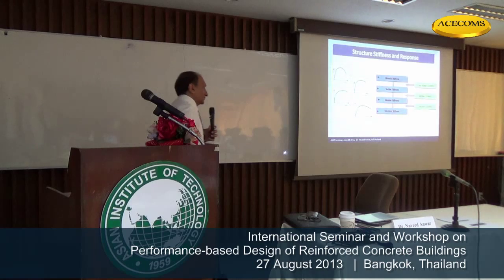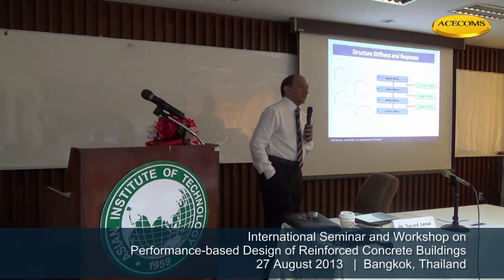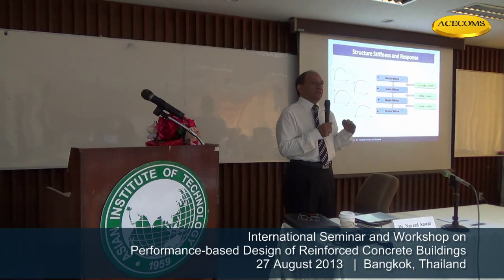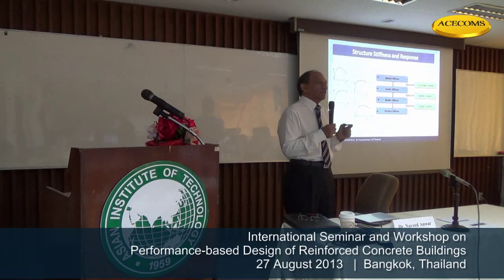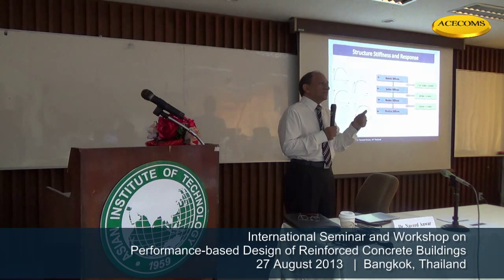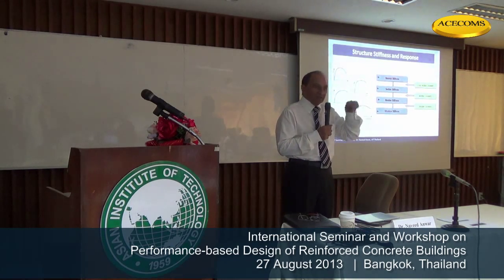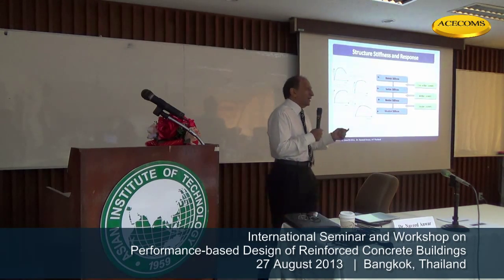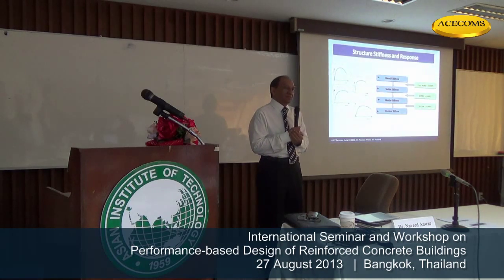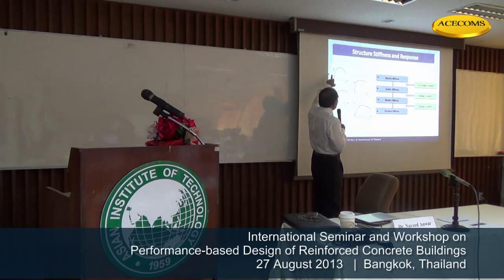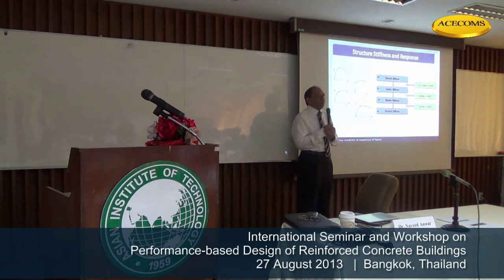Now, what is stiffness? Stiffness is an accumulation of levels of stiffness that we have in a structure, starting with material stiffness, going to cross-section stiffness, member stiffness, structure stiffness. Material stiffness: if you remember E, modulus of elasticity, that is an indicator of material stiffness. E is a ratio between stress and strain. But we know that material stress and strain are related by a curve, not a straight line.